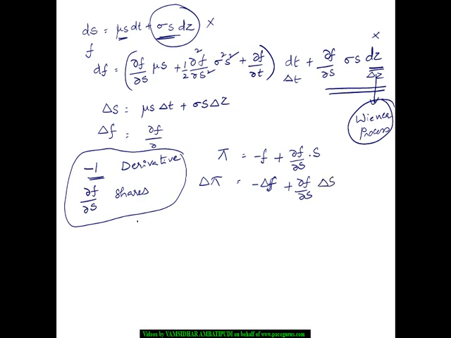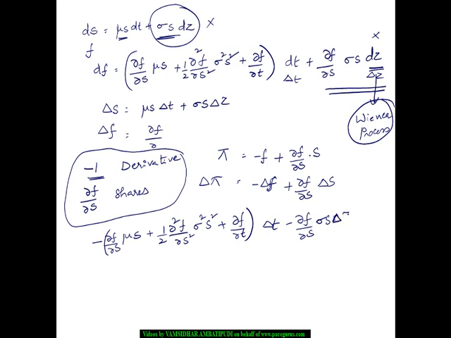Now minus delta f I know, so minus dou f by dou s mu s plus half dou squared f by dou s squared sigma squared s squared plus dou f by dou t times delta t, minus dou f by dou s sigma s delta z, plus dou f by dou s times delta s, which for me is mu s delta t plus sigma s delta z.